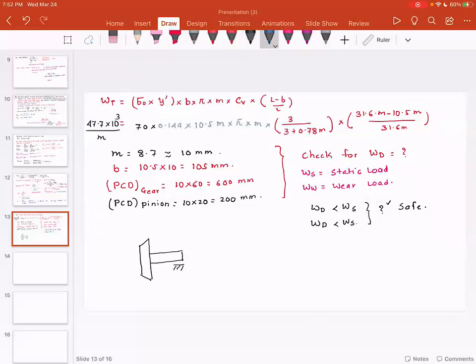So I want to find out the magnitude of the radial load, and the magnitude of the axial load. And please note, there is a tangential load. This is actually acting in this direction. So I will try to draw a three-dimensional view.